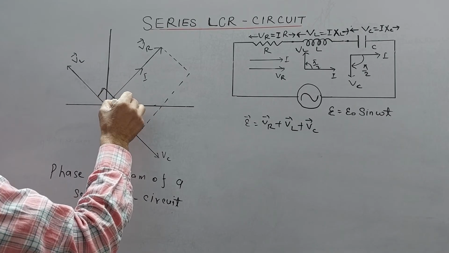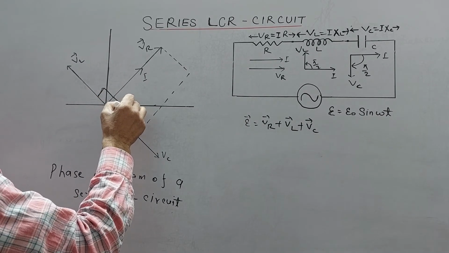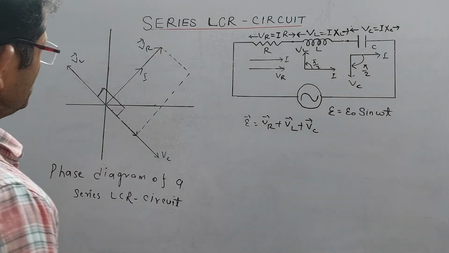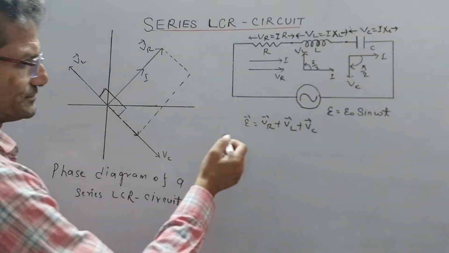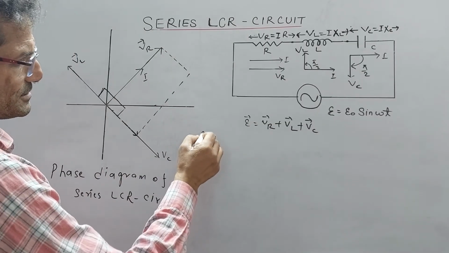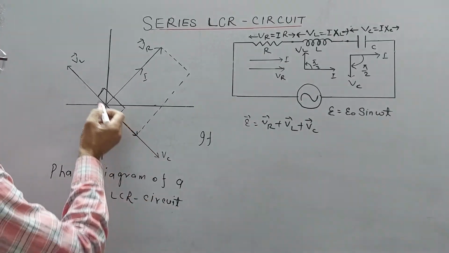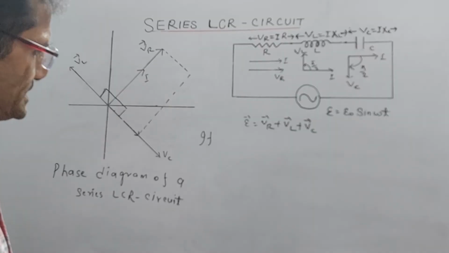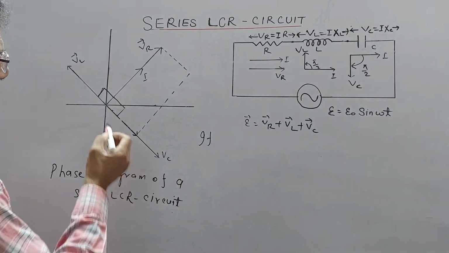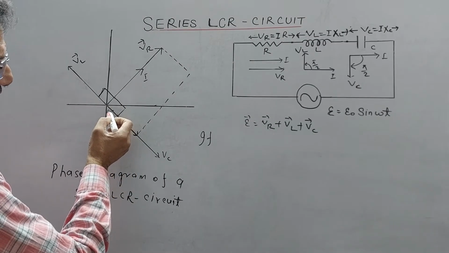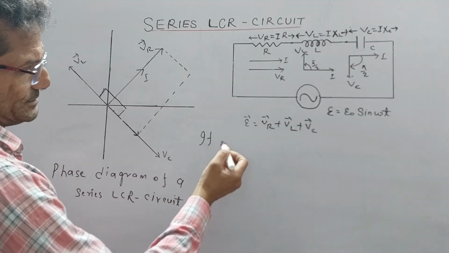So VC and VL are anti-parallel, meaning the angle between them will be 180 degrees.